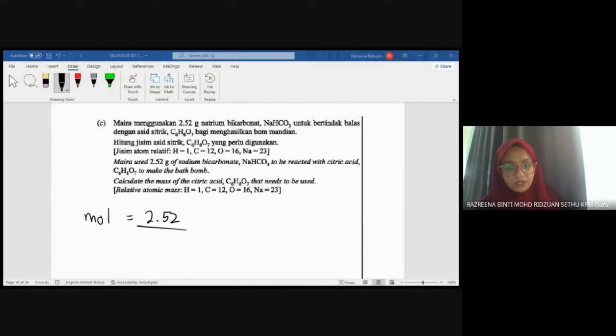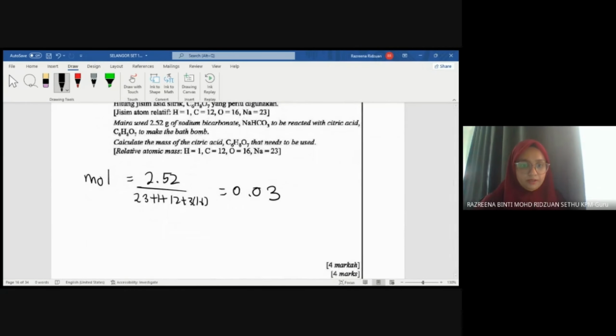molar mass of sodium bicarbonate, which is 23 plus 1 plus 12 plus 3 times 16. Okay, so use the calculator, you will get 0.03. Next is you compare. We're comparing from the equation that we wrote just now. 3 mole of NaHCO3, you are going to use only 1 mole of citric acid, C6H8O7.